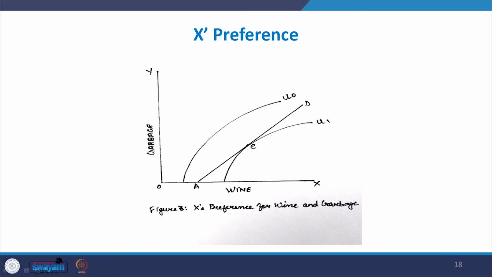This is the indifference curve of X. You can see the difference here. It is not a conventional indifference curve, because on the vertical axis we are taking garbage and on the horizontal axis we are taking wine, and this U0 clearly indicates that if you want to consume more wine, you have to consume more garbage in order to keep utility constant.